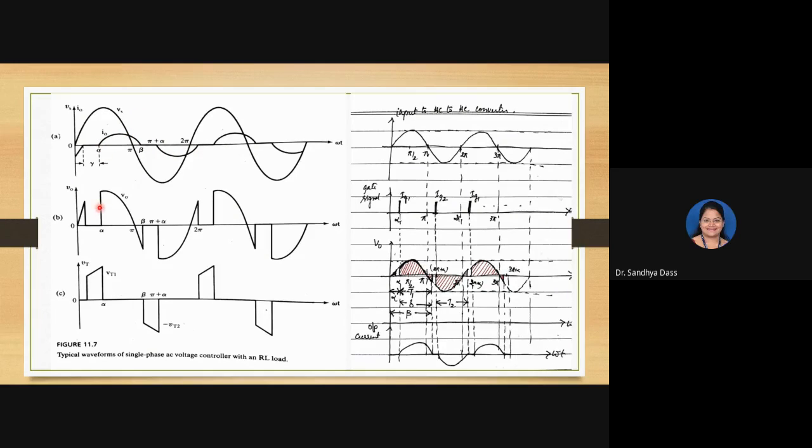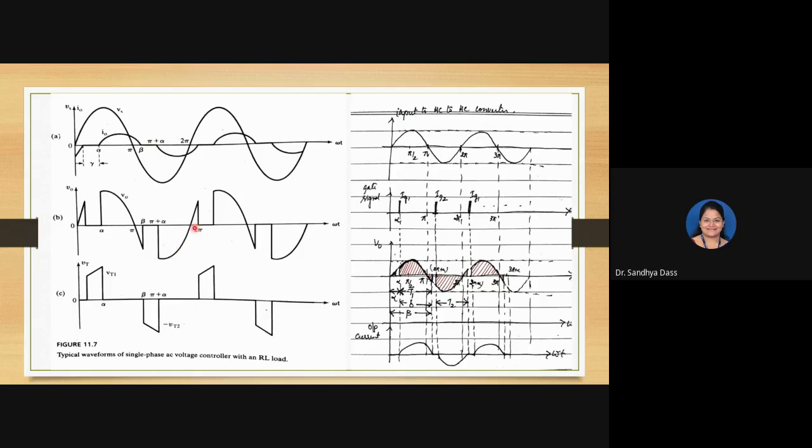The time the thyristor is turned on, current is slowly rising. In the negative cycle, because of the inductive energy that is dissipated, current is slowly reducing. It reaches 0. At this instant, the thyristor will turn off, and for the duration when both the devices are not conducting, current will be 0, as shown here.